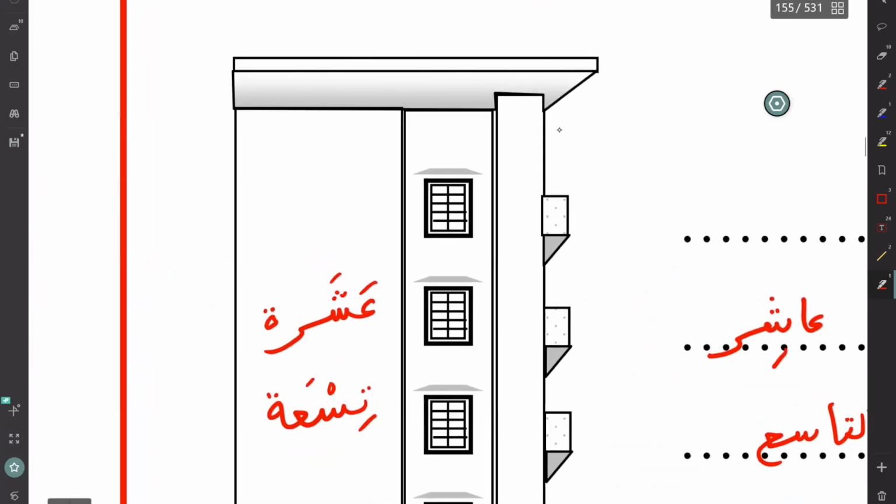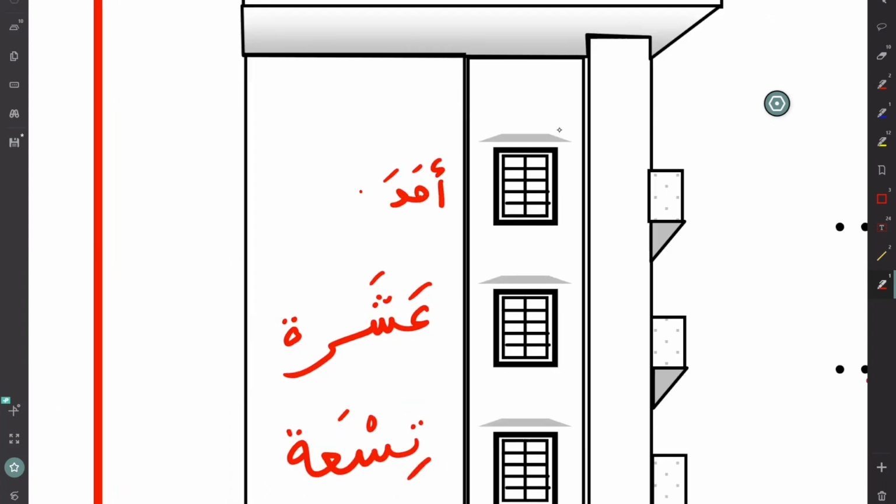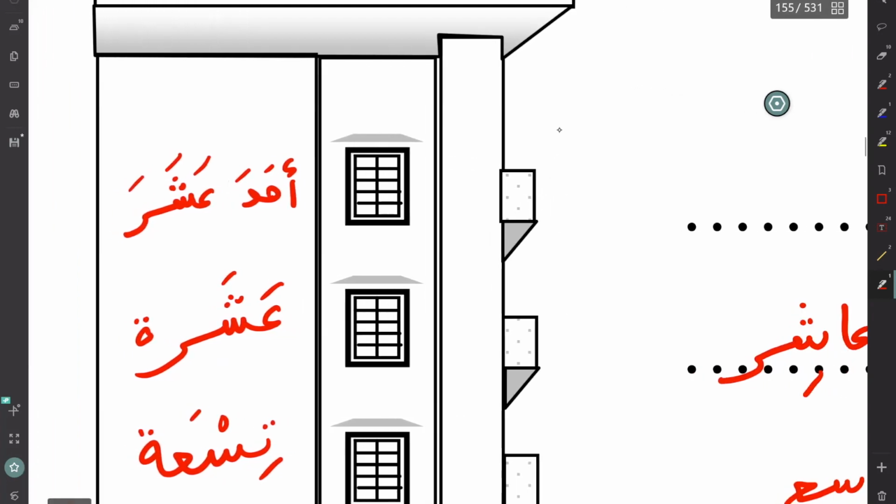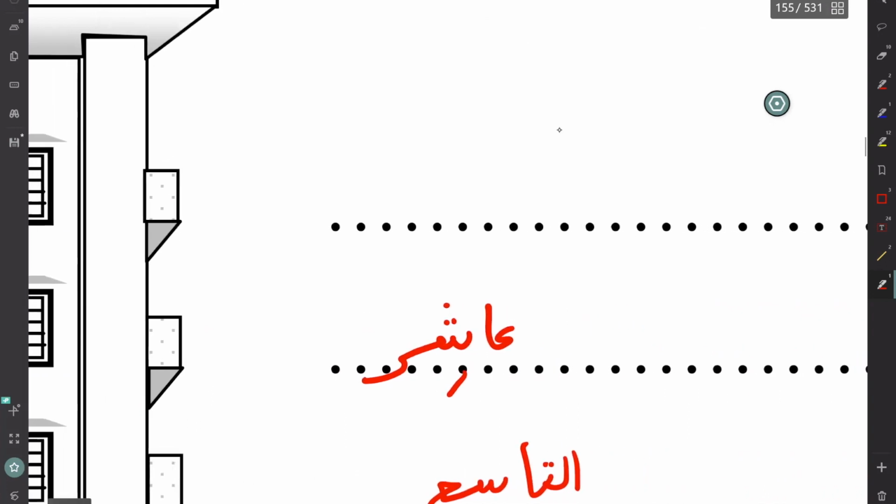Now, looks like there's another one left. So how do you say 11? 11 is a compound word, so you say ahada ashara. Okay, that is 11. And how do you say 11th? You say hadi. It's a little bit different. Hadi ashara. So here, of course, you will be adding alif lam. Hadi ashara.